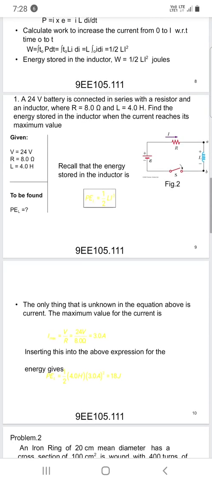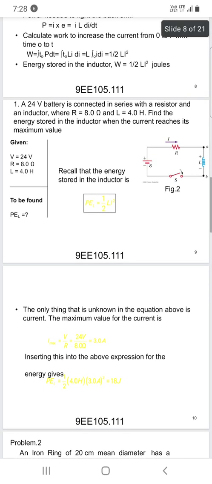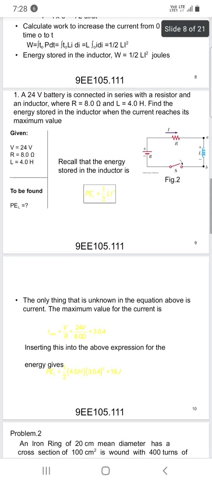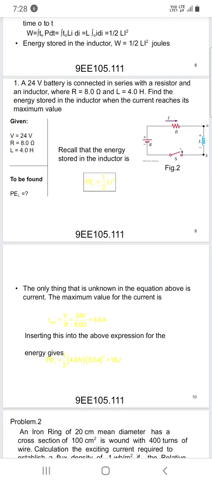Then here we have to observe from this problem. We have to observe the given data. What are the given data here? The voltage is given. So the voltage V is equal to 24 volts.